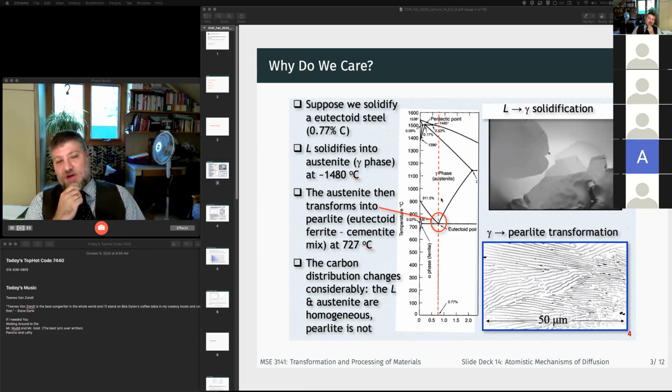This is a eutectoid because we're going from one solid phase to two solid phases of different compositions, right?